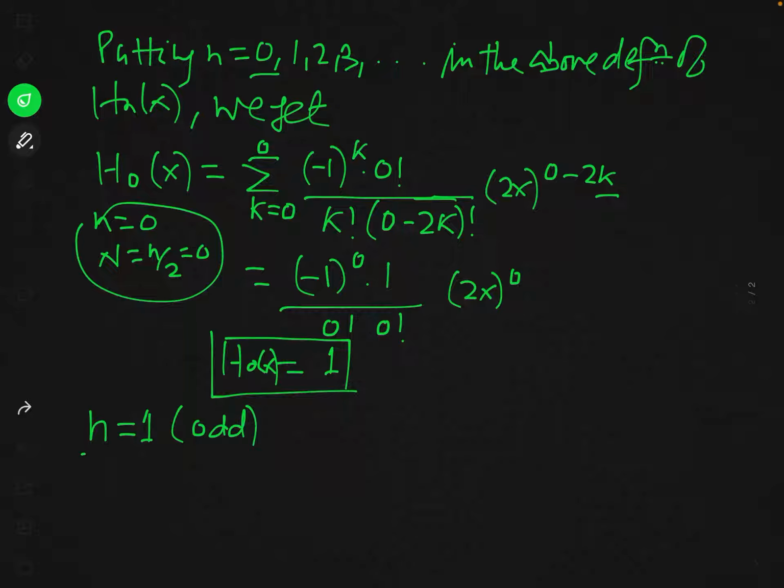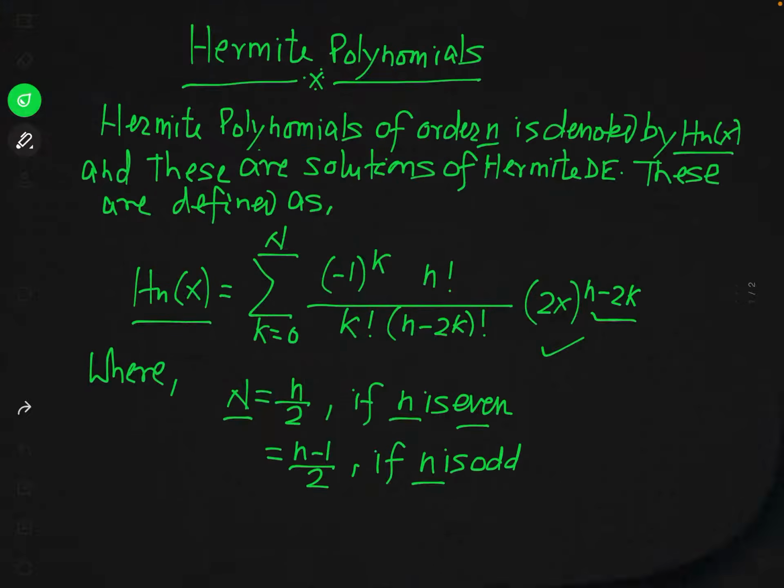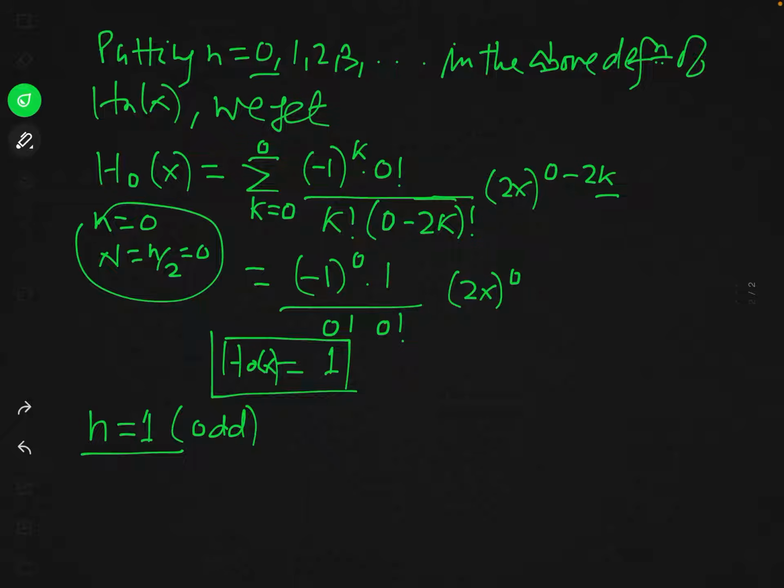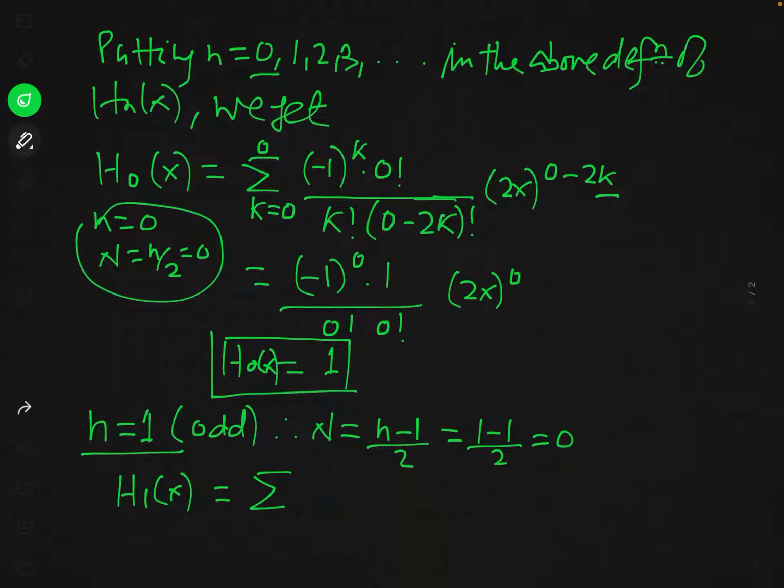So if n is odd, then the upper limit of summation, capital N, will be equal to n minus 1 over 2, that is 1 minus 1 over 2, which is 0. So again, when we find H1 of x, the lower and upper limits of the summation will both be 0.